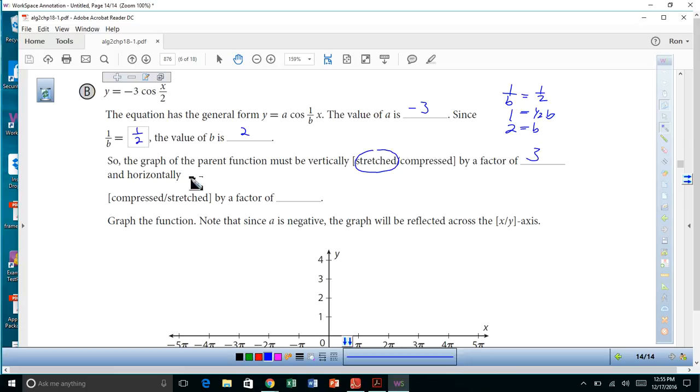That's the amplitude. And horizontally stretched by a factor of 2. It said 2. I don't know why I wrote 1/2. Graph the function. Note that since a is negative, the graph will be reflected across the x-axis.